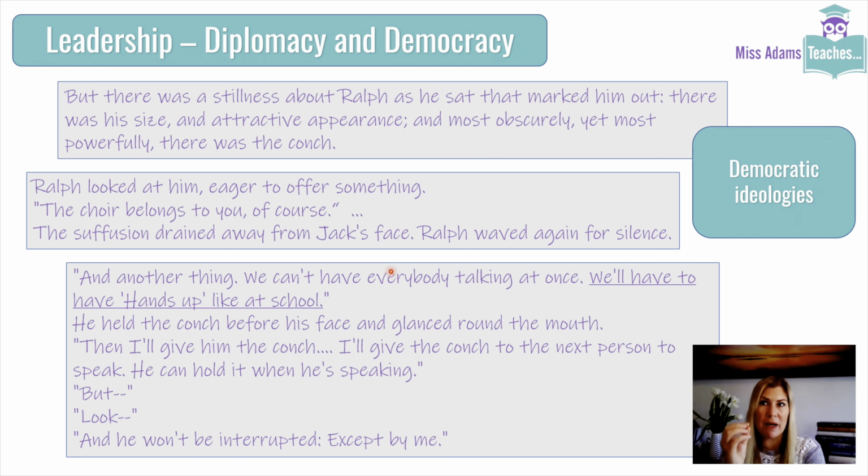So this is about giving all the boys the opportunity to have a say and have a voice. And that's obviously demonstrated straight away with the fact that they voted him into power. But he does create a sense of strength in himself. He won't be interrupted except by me. So knowing that even in a democracy, there does still need to be a person making those decisions.